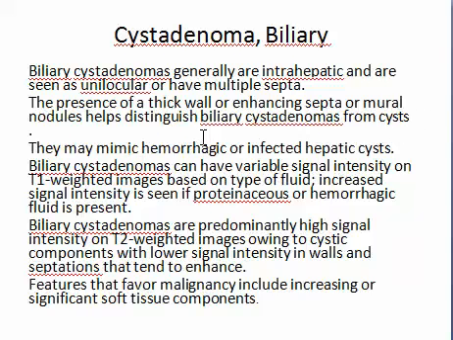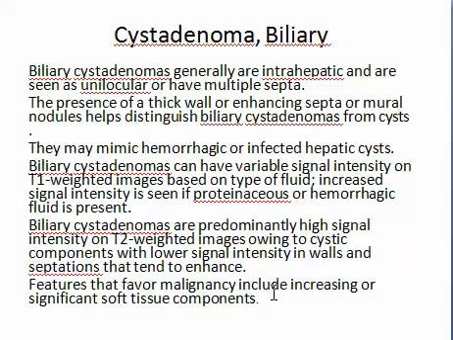If the contents are hemorrhagic, this will produce increased T1 signal intensity, and biliary cystadenomas are predominantly of high signal intensity on T2 due to the cystic components, of course, but the septa are lower in intensity, and they tend to enhance.